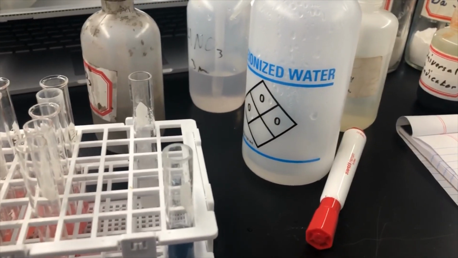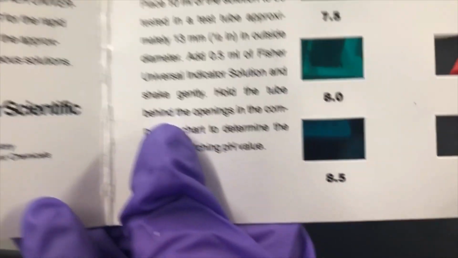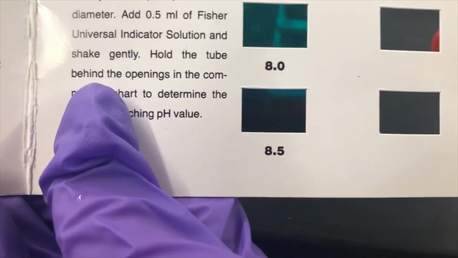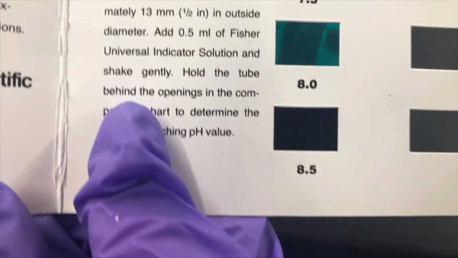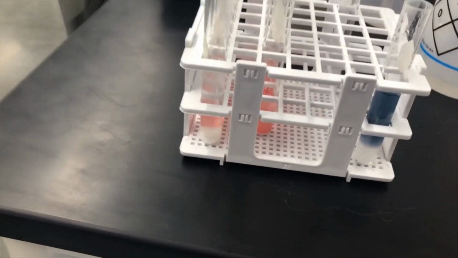Which seems to be almost in between some of the results that we got, because a dark blue kind of corresponds to probably closer to a 9. Yeah, so I would say this is about a 9. So it's pretty basic, but not quite as basic as the most basic compound.